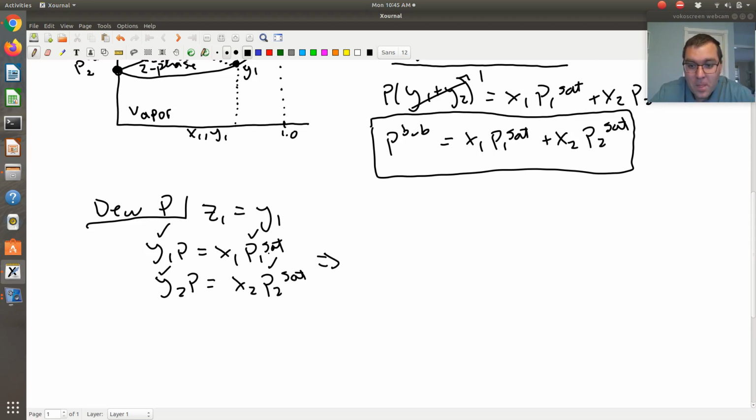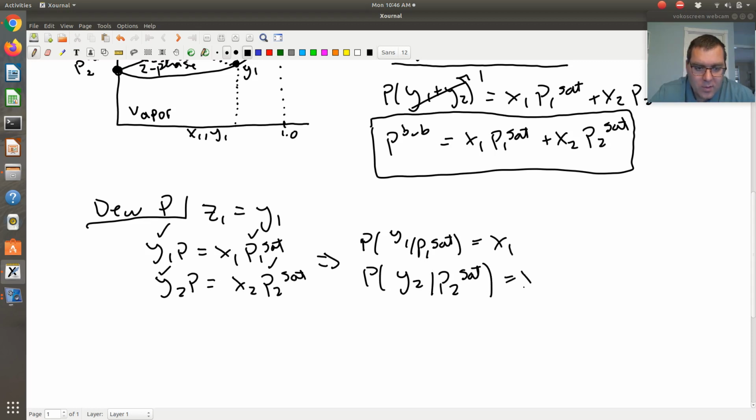The dew P calculation idea is let's get rid of X and just focus on P with Raoult's law. So how we do that is we're going to do the similar trick, that we know our mole fractions sum to 1. And so here, I'm going to divide through by P1 sat and P2 sat. Okay, so I'm going to write this as P times Y1 over P1 sat is equal to X1, P times Y2 over P2 sat is equal to X2.